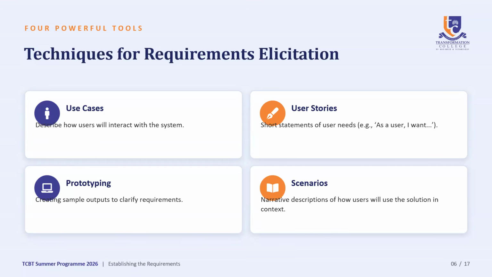You also want to understand techniques for requirement elicitation, user stories, right? You can get simple statements of user needs. For example, I want a certain capability so that it can benefit my office or my organization or my business, as the case may be. Right.